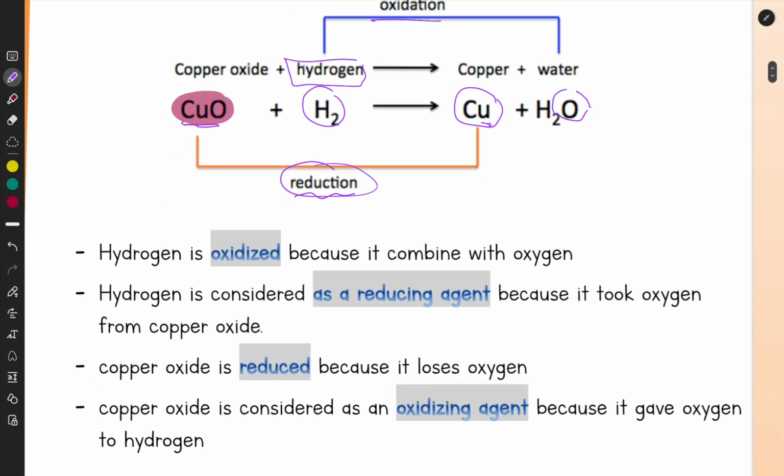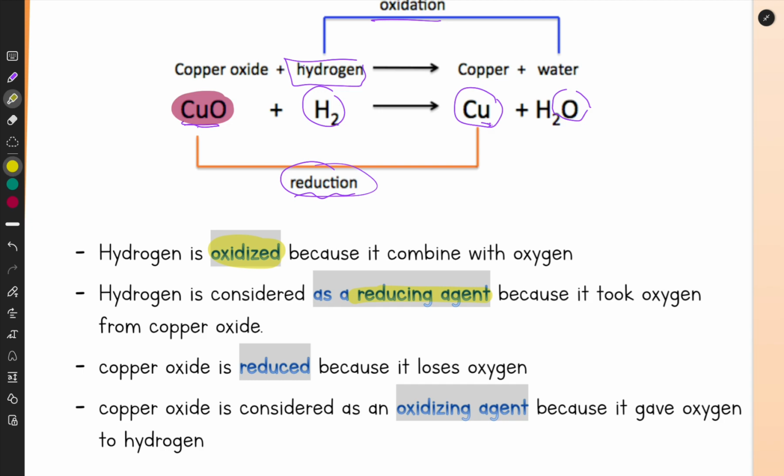So hydrogen is oxidized because it combined with oxygen, and hydrogen is considered a reducing agent because it took oxygen from copper oxide.